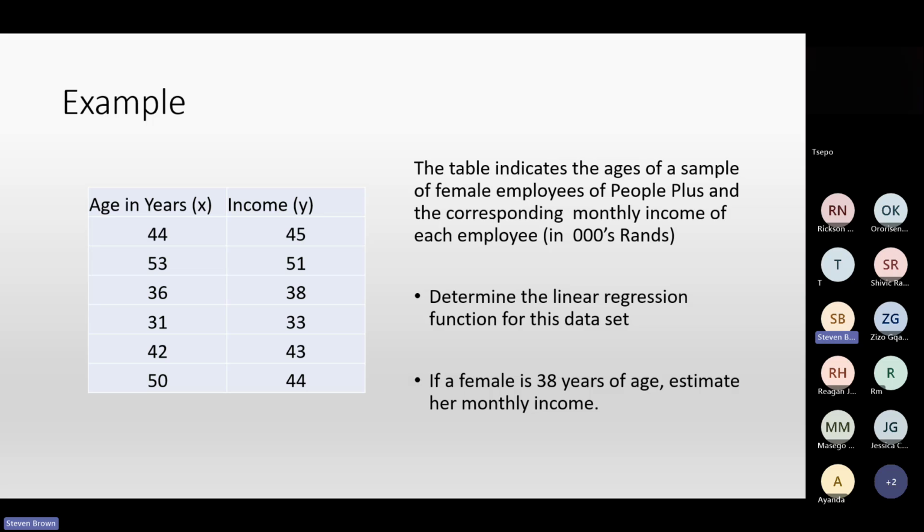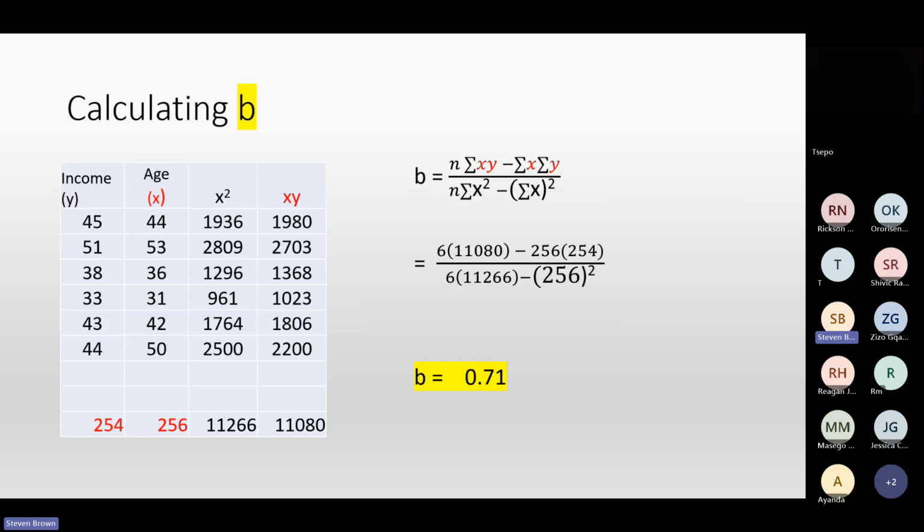Now what they're also going to say to you, and this is important, is to create in your test book an x squared column and an xy column. The reason they ask for that, students, is because you can see from the formula for B that if you do that, you're going to have everything to fill in there.